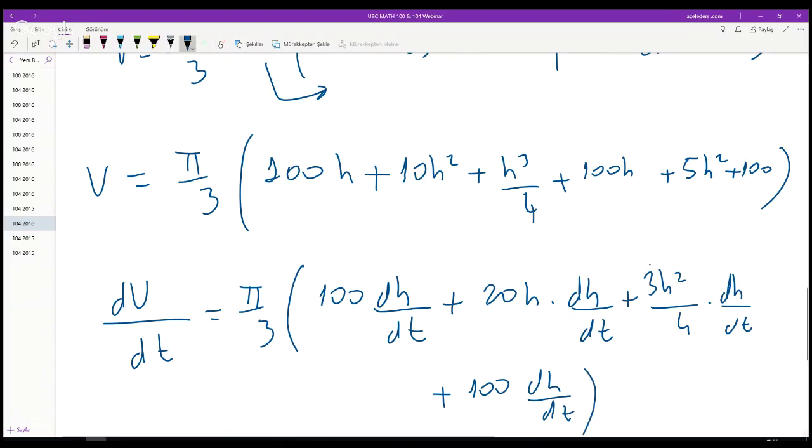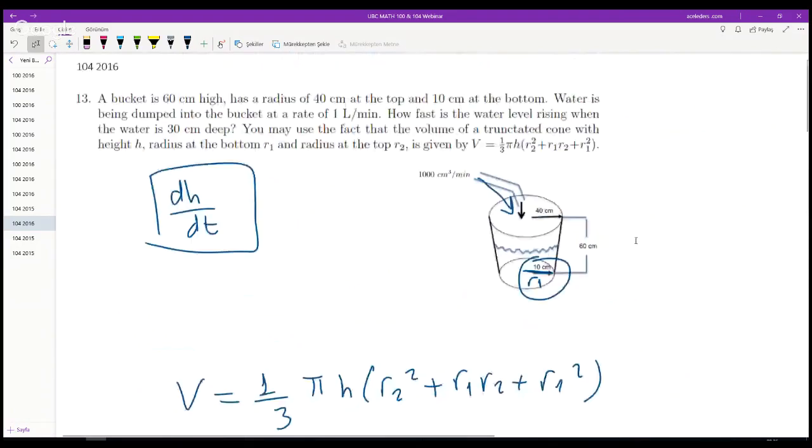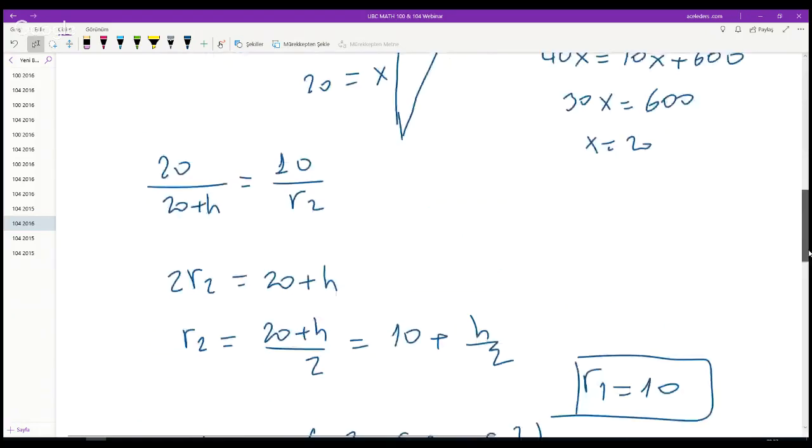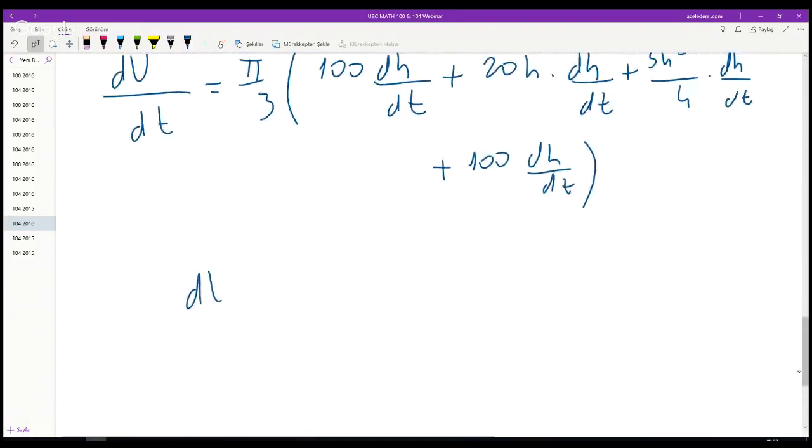Okay? That's it. So, what do I know? I know that dV over dt is 1 liter. And I also know that h is 30 centimeters now.